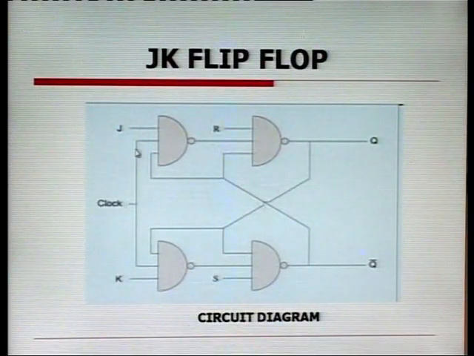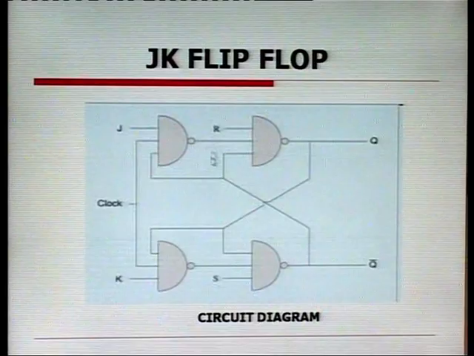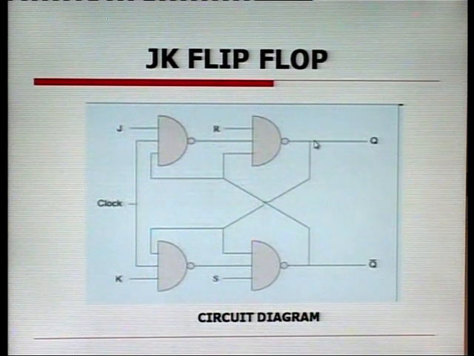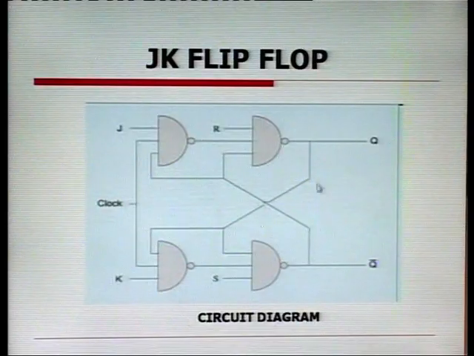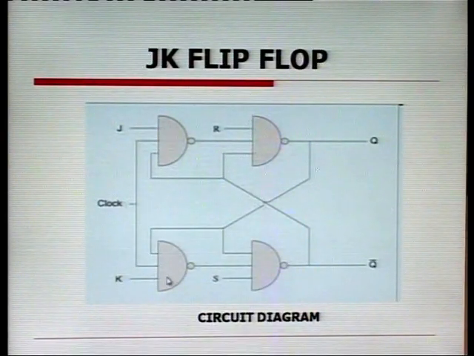An RS flip flop can be converted into a JK flip flop by giving it feedback. You can see here, this is an RS flip flop and there is one more feedback here. The Q output of the RS flip flop is fed back to the input of a gate, and one additional gate is connected.